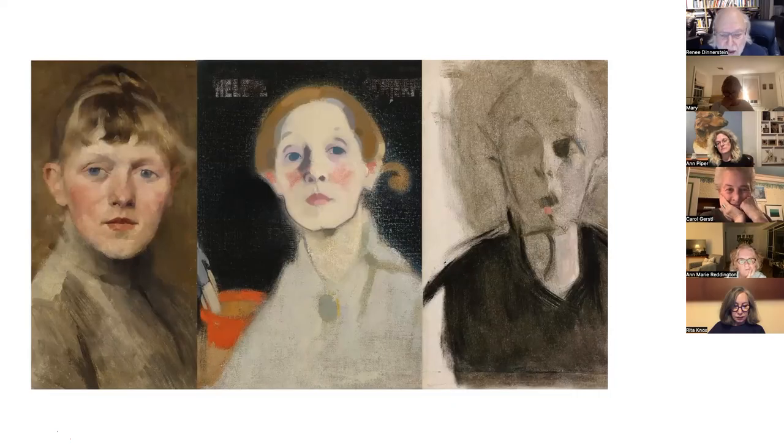What's interesting here is you can see the voyage from left to right. The left, very naturalistic, one of the first paintings you see. The middle one, this transition stage, and the third one, another transition stage.